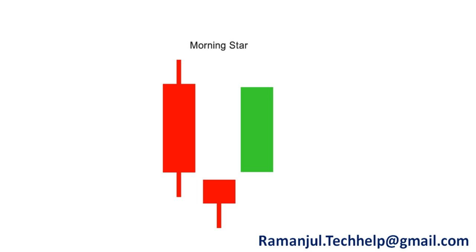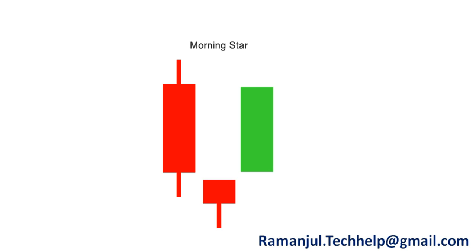The Morning Star pattern appears in a bearish trend, that means a downtrend. Morning Star is a combination of three different candles. The first one is a solid bearish candle followed by a small candle known as a star.